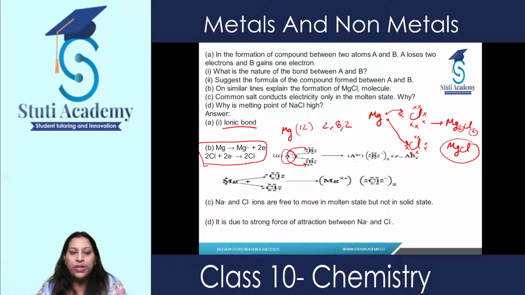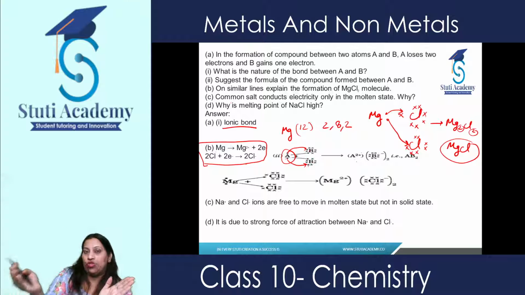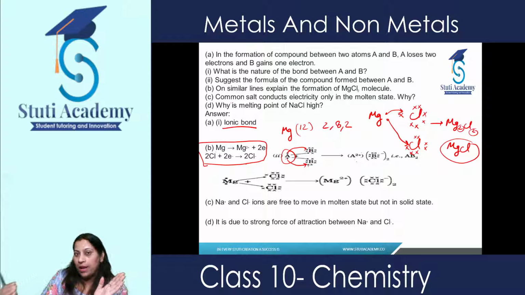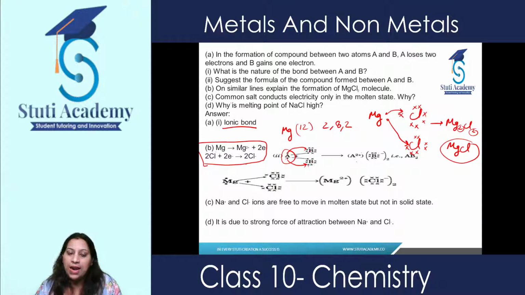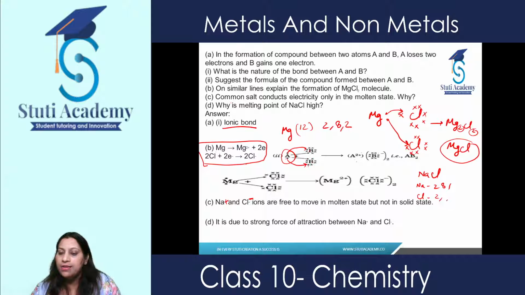Now, the next question is, common salt conducts electricity only in the molten state. Why? See, in the molten state, it carries charges, which are positive and negative. As I told you, when one atom gives its electron and the other accepts the electron, the one which is accepting electrons has a negative charge, and the one which is giving an electron attains a positive charge. So if we are talking about NaCl, the electronic configuration of sodium is 2, 8, 1 and chlorine is 2, 8, 7.